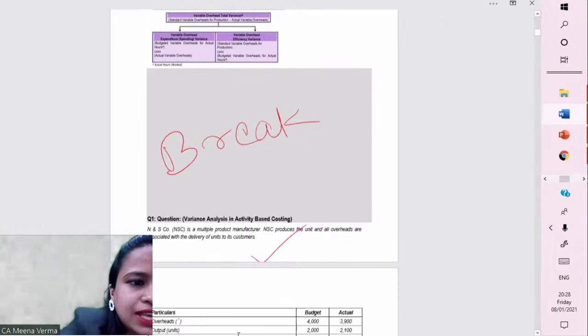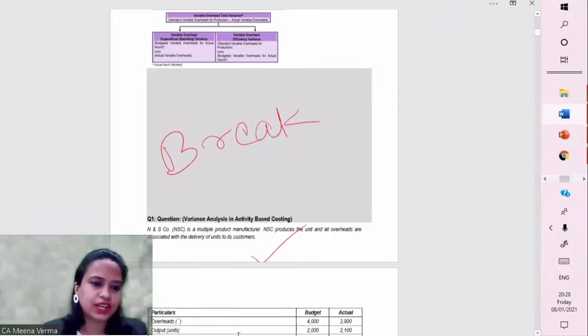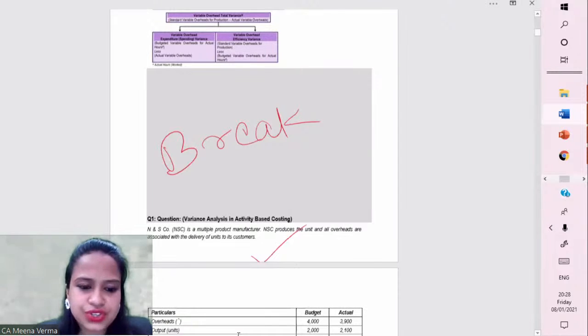For all these activities, we have to calculate the expenditure and efficiency variance. If you have any doubt, you can ask me. Otherwise, please try to do this question.